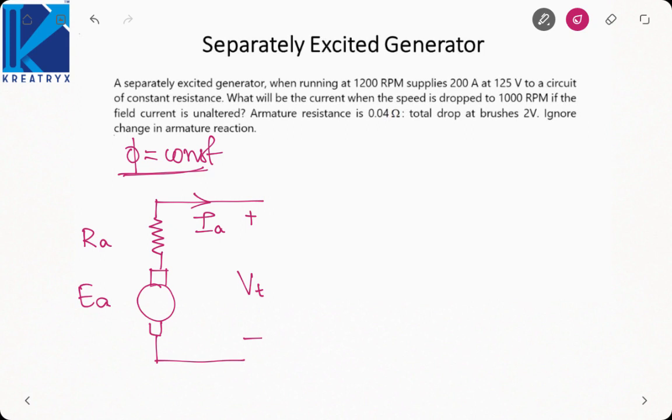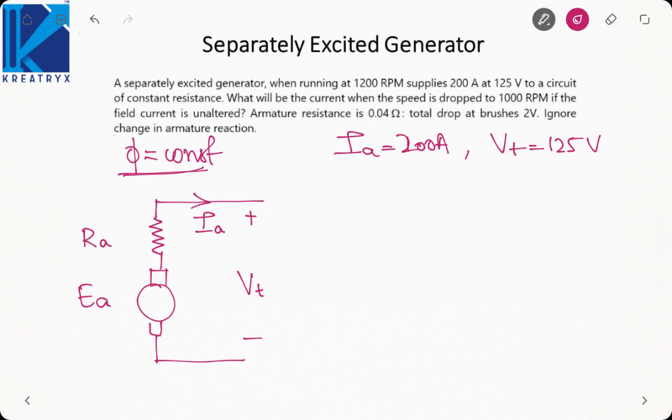So what is it saying? A separately excited generator when running at 1200 RPM supplies 200 ampere. Now it is saying Ia is 200 ampere because here the current supplied to the load is Ia. Terminal voltage is 125 volt.